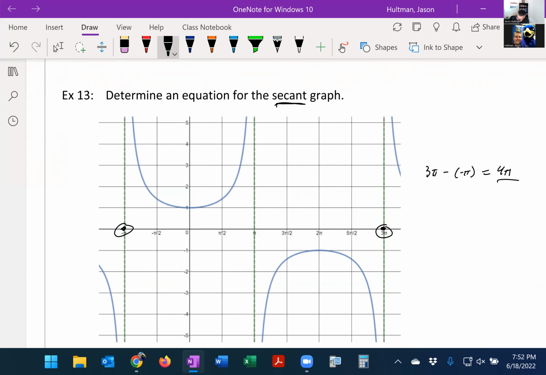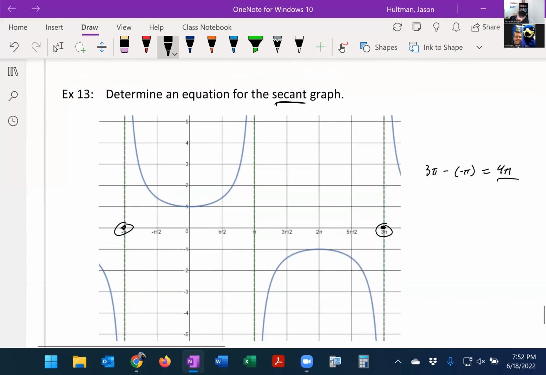Over 4 pi. So I know that the period is 2 pi over b, and so that equals 4 pi. What would b have to be? Well, 2 pi is equal to 4 pi b divided by 4 pi.